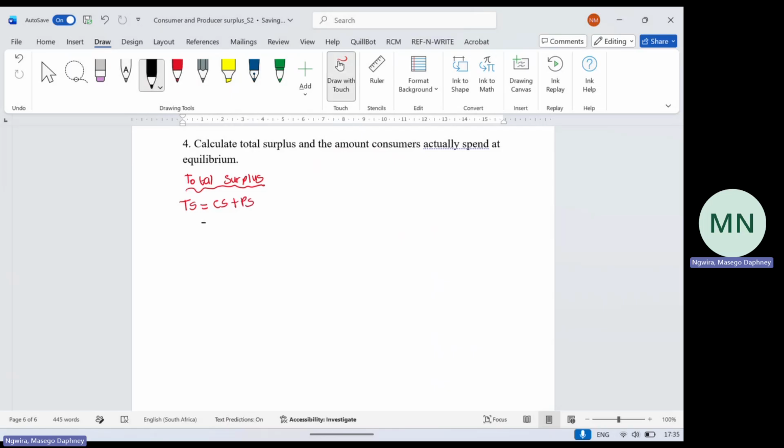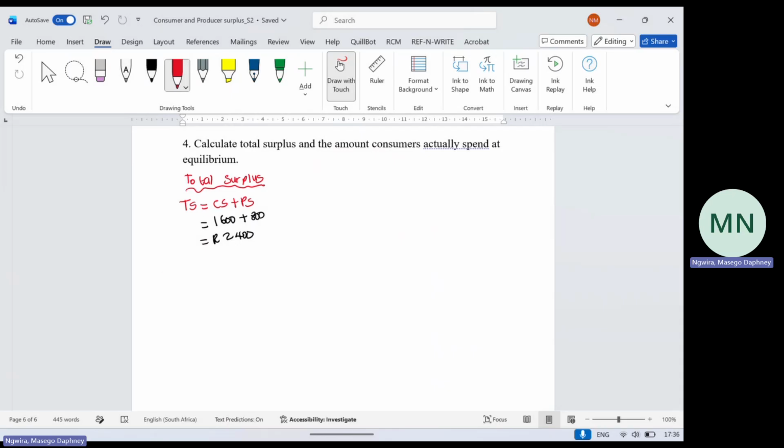Now we substitute: consumer surplus we got 1,600, plus 800. So finally, we're going to have 2,400.